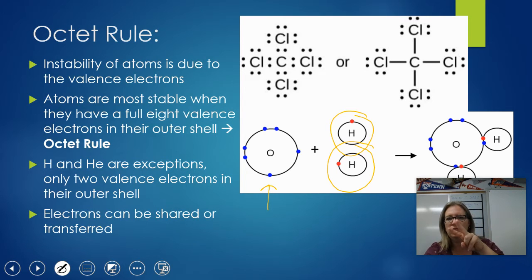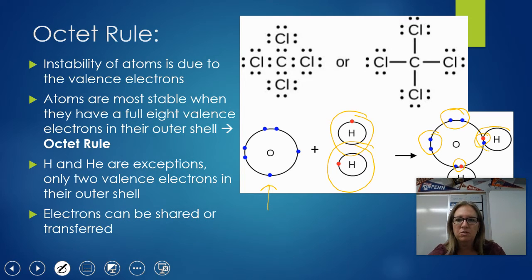And so if you take the 2 from the hydrogen, add it to the 6 of the oxygen, now suddenly we have 8 total if you consider them sharing. So the hydrogen is now comfortable because they have their full 2, okay? And the oxygen is now comfortable because it has its full octet rule right there. And so that's why that compound in particular works really well.